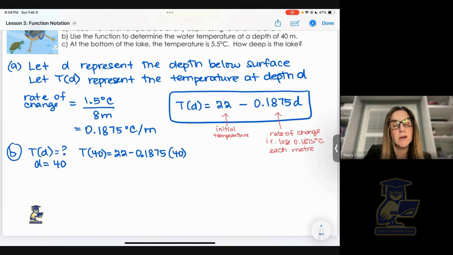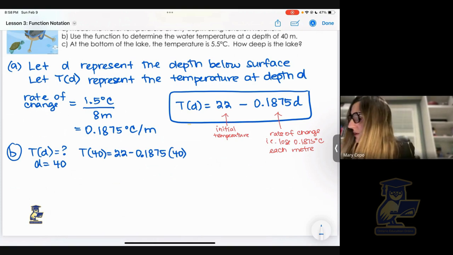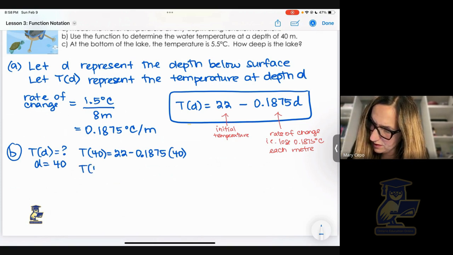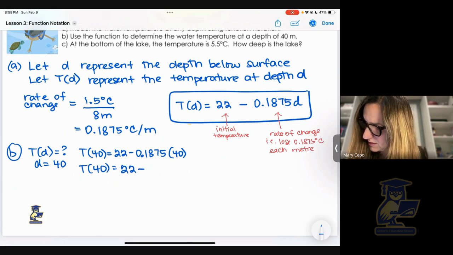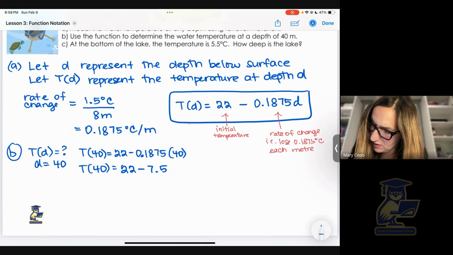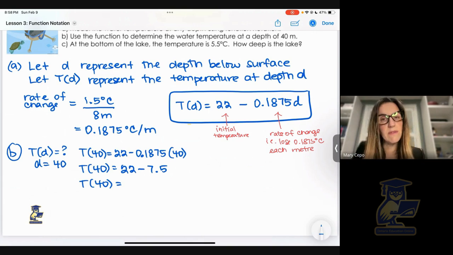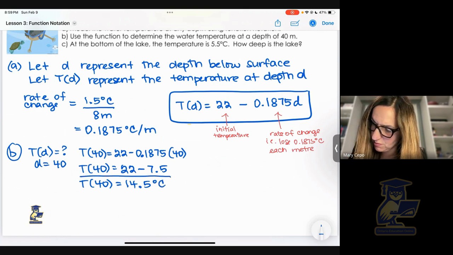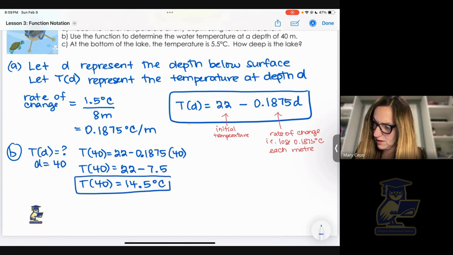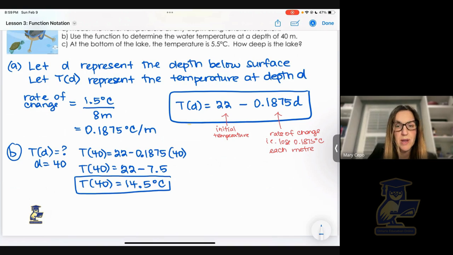Keeping in mind, we always want to follow BEDMAS. So we're going to take 0.1875 times 40, and T at 40 is equal to 22 minus 7.5, which is 14.5 degrees Celsius. And this is where we want to bring back our units. Because it is a word problem, we want to answer that question.